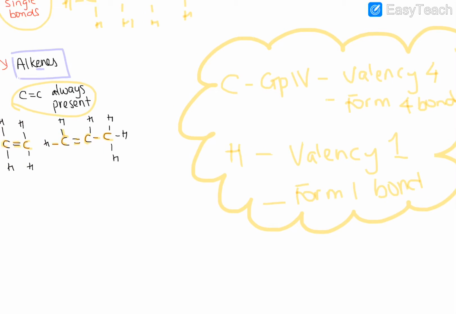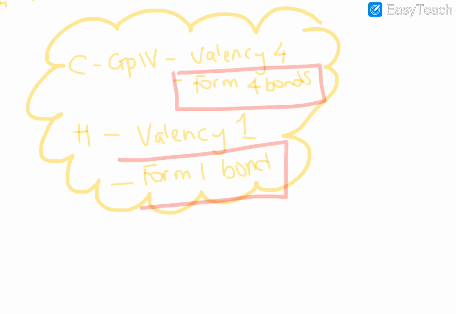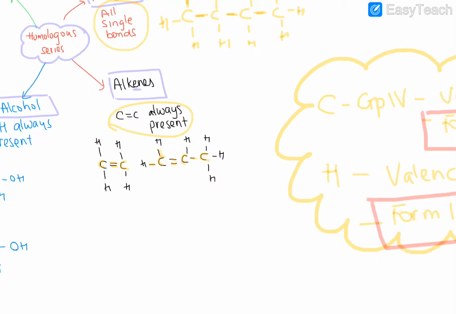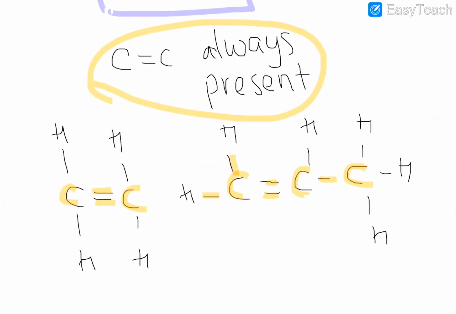This is called a displayed formula. So when you're drawing a displayed formula, you should keep this in mind. Carbon should always form 4 bonds, always, and hydrogen should always form 1 bond. You cannot have hydrogen forming 2 bonds. So here, you see in my structure, carbon is forming 4 bonds: 1, 2, 3, 4. And if I look at the second one, this carbon, 1, 2, 3, 4.